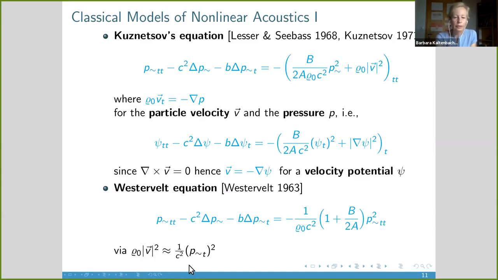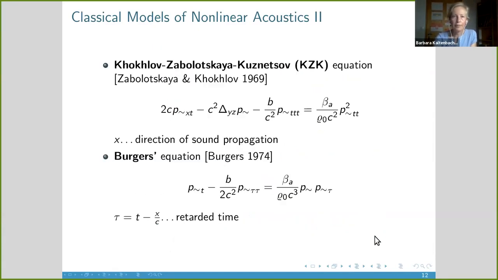So approximating the quadratic velocity term by another quadratic pressure term, and then one ends up with the Westervelt equation, which is also used very often in simulations of nonlinear acoustic waves. So it's written in terms of the pressure as opposed to the velocity potential for Kuznetsov's equation. But again, what we see here is a quadratic nonlinearity under a second time derivative.